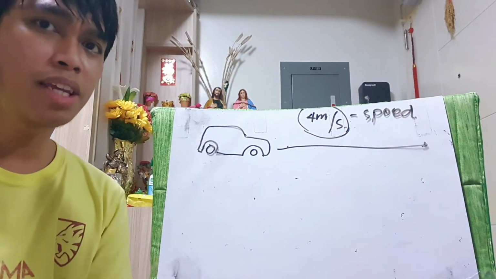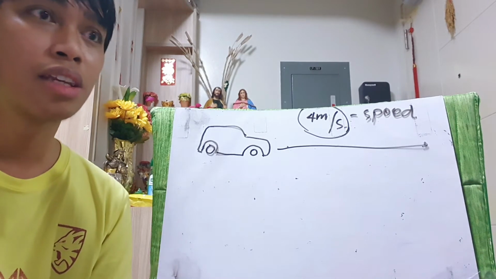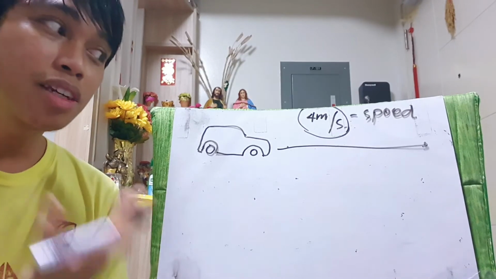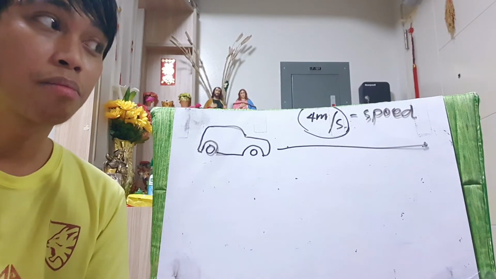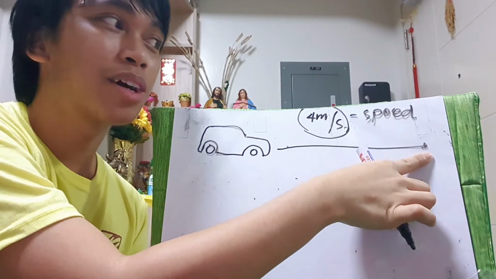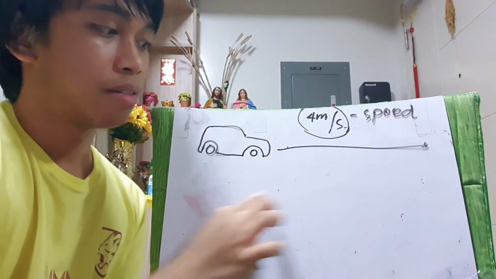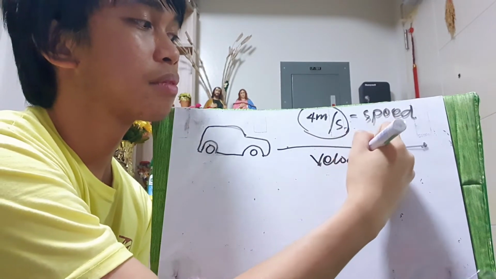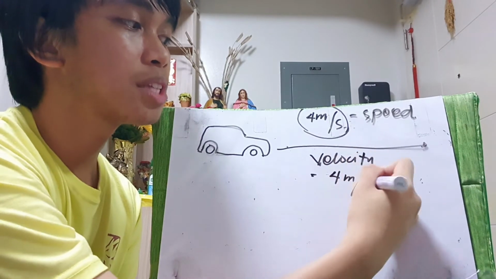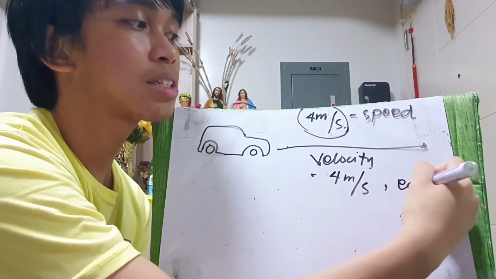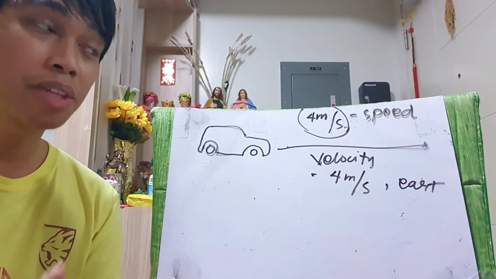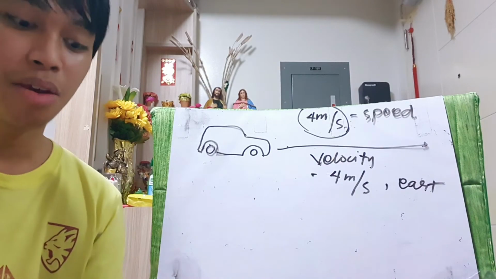Since speed is a scalar quantity, it doesn't need direction. With speed, we do not know where the car is going. But with the arrow given, that is what we call velocity. Its velocity now is 4 meters per second towards east. That's how speed and velocity work.